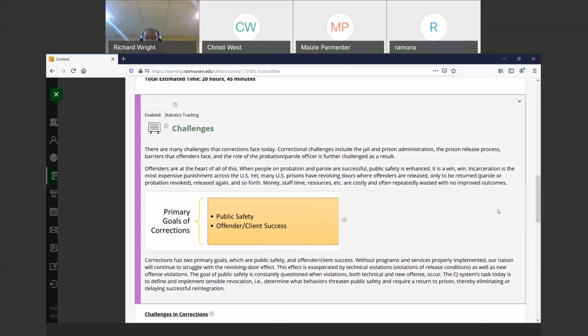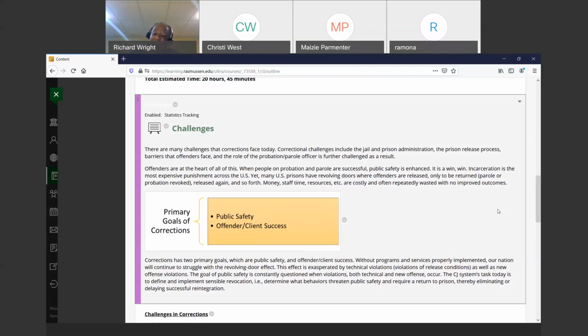The most serious ones generally are new offense violations, and pretty much, if it's determined that a person committed another crime while on parole or probation, then that's good reason to revoke it and send them back, unfortunately. And then they get extended time, so they have to serve the rest of the time that they had left.